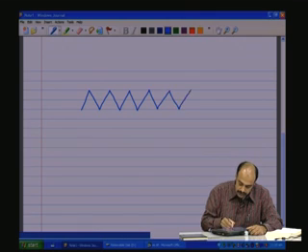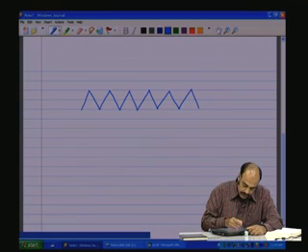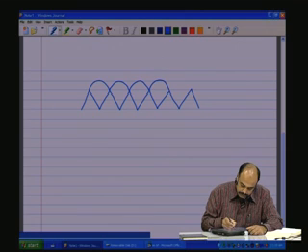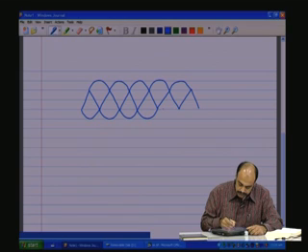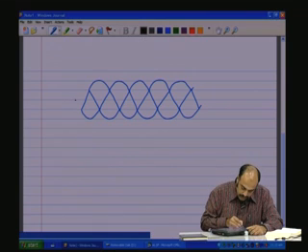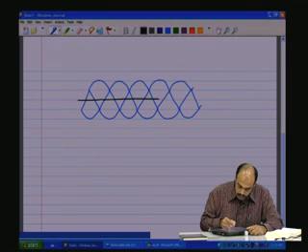Just draw this triangular wave shape, then connect the tops with curves like this as shown, connect the bottoms of the vertices with curved lines like this, and you have your three phase wave shape with respect to time.